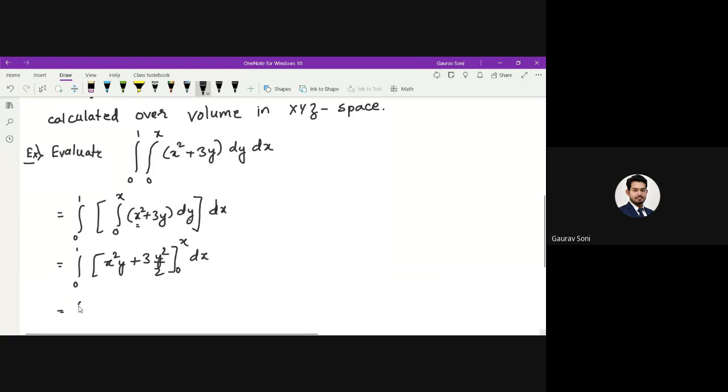So this is integration 0 to 1. Put the upper limit, but the upper limit should be given to y because you have done the integration with respect to y. So that will be x cube plus 3x square divided by 2. This will be for the upper limit. If you put the lower limit, both the things are 0.